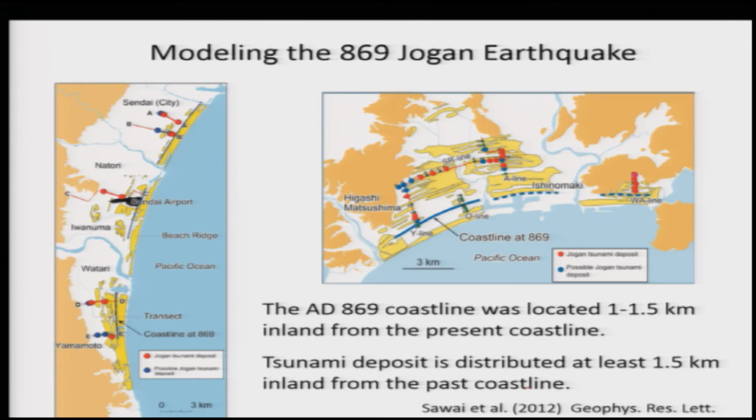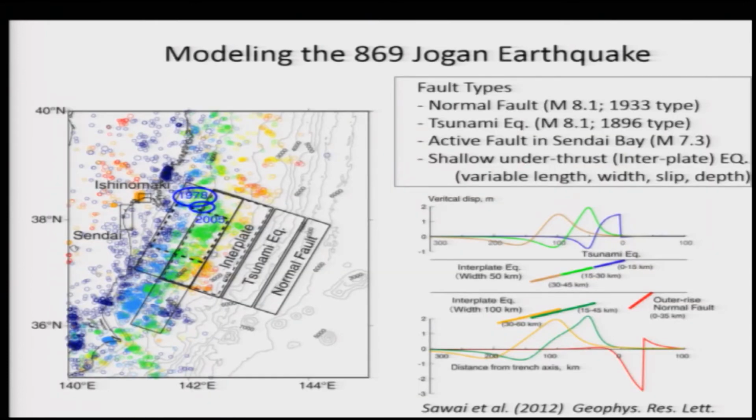So they were able to compare the locations of the Jogan Tsunami, that is 869, and based on that they incorporated this in their model.